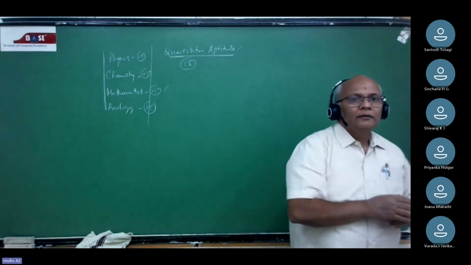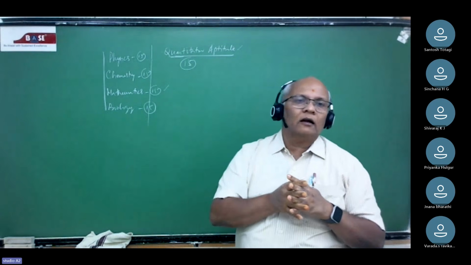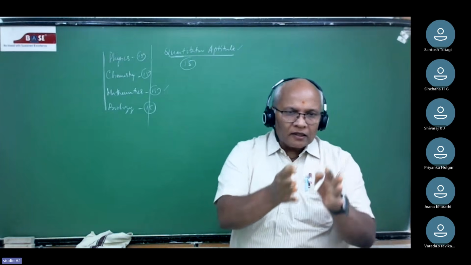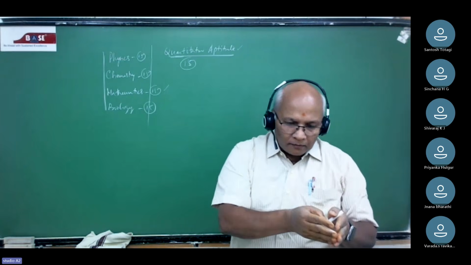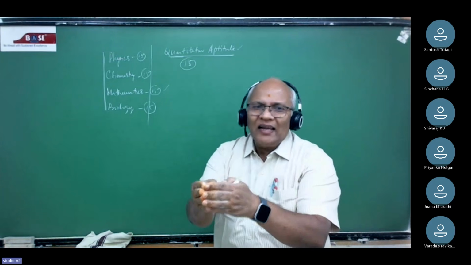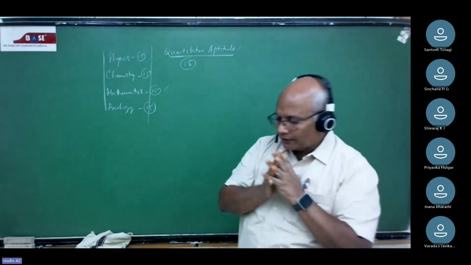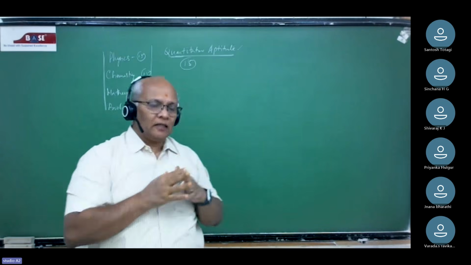In quantitative aptitude, as said already, there are 15 questions. The variety of questions varies from basics of mathematics to slightly complicated situations. I'll tell you what it is. Don't worry too much about it. So is the case with mathematics.